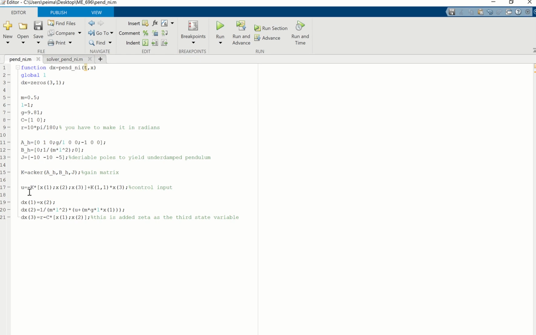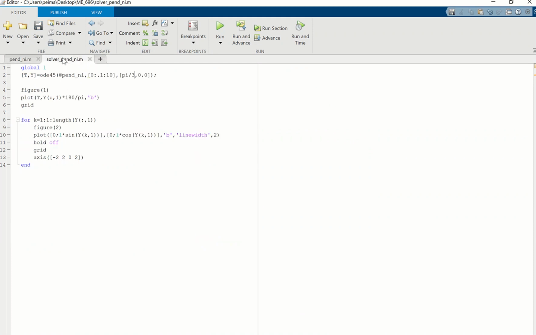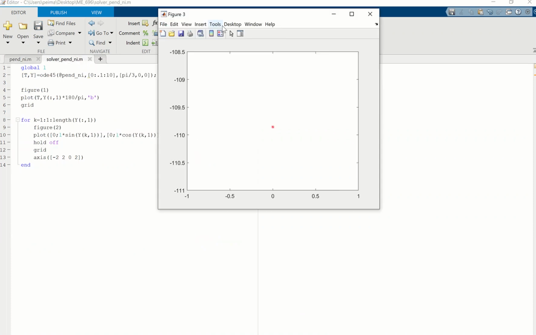Even you can plot it here. See that if you say figure 3, okay, and I want to see the controller side, plot T and U, okay, and in red and star, right, and say hold on, you're gonna obviously see the controller.